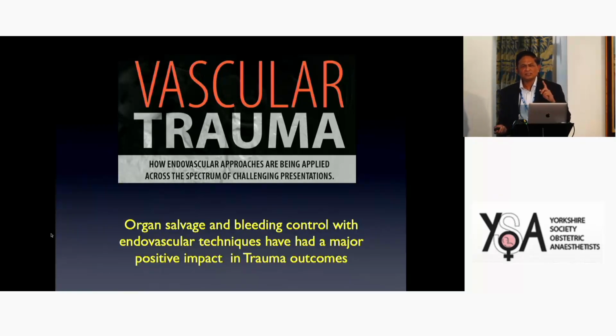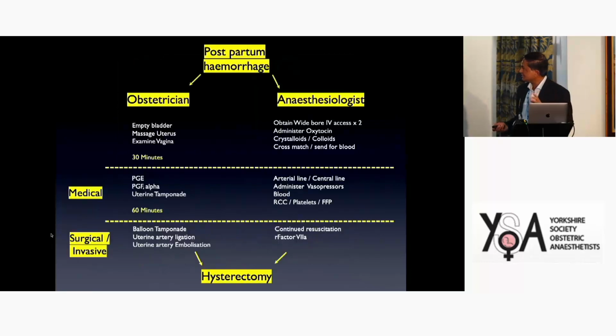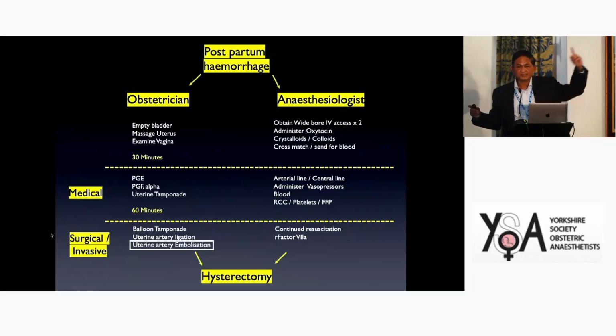And if you want one take-home slide, this is the take-home slide from my point of view. You know that the obstetricians are doing something here. You know that you guys are doing something here, trying to reduce the bleeding. Unfortunately for us, uterine artery embolization, I think, is thought about too late. And that's for a reason, because I showed you the IR department is somewhere else.